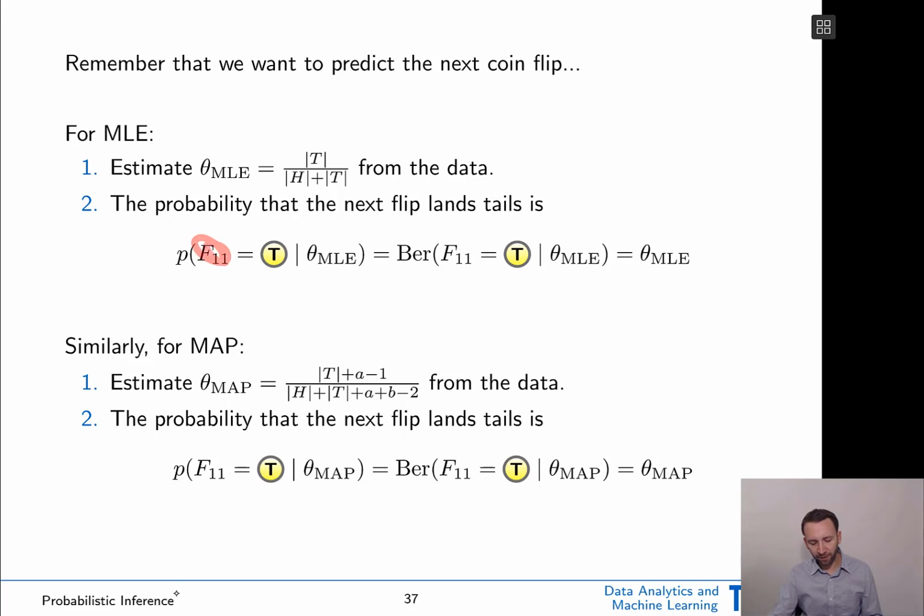Meaning the 11th coin is also just a Bernoulli distribution with the MLE estimate or with the MAP estimate. Or put differently, the probability that the next coin shows tail is either theta MLE or theta MAP, okay? That's one way of doing it, and potentially also the default way of doing it, specifically for more complicated models.